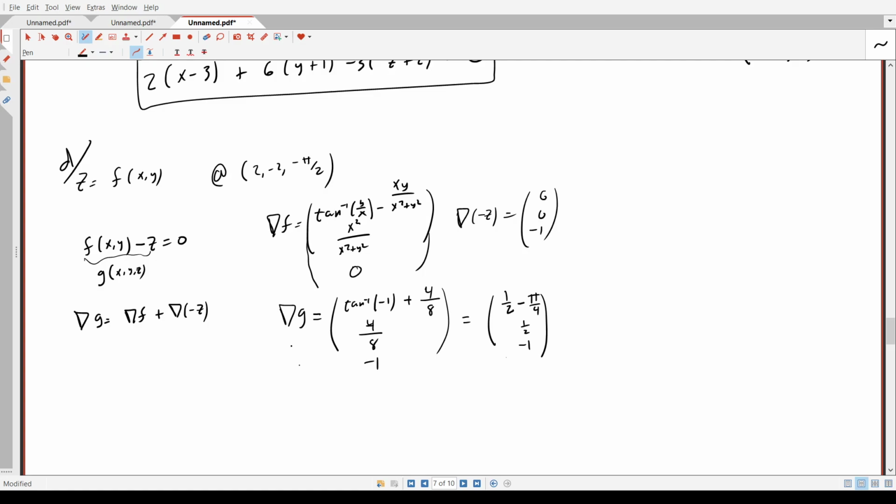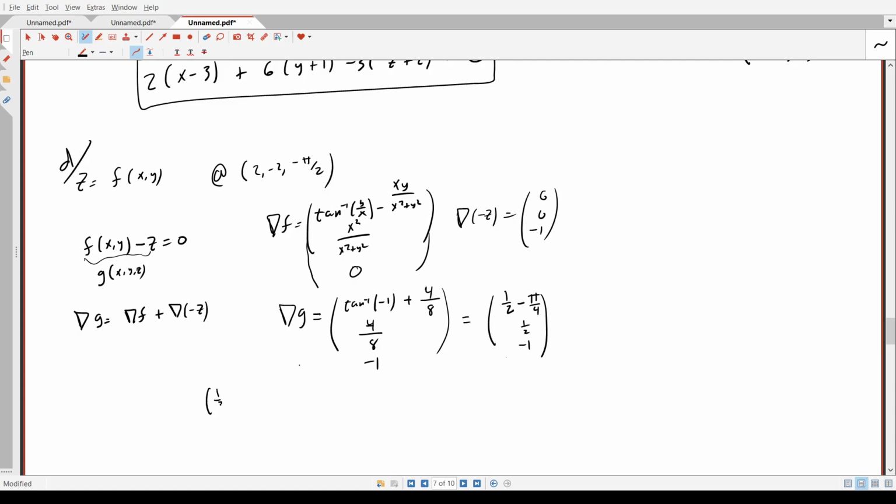So that's for the tangent plane. That's going to be the normal vector for the tangent plane. For the normal line, this is going to be my direction vector. Okay, so I can write down the tangent plane right away.